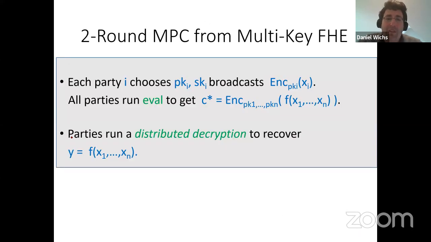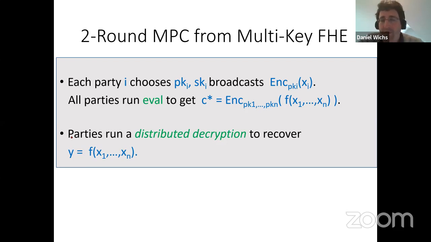With multi-key fully homomorphic encryption, you get an incredibly simple multi-party computation protocol that works in 2 rounds. Here, each party just chooses their own public key and secret key pair and broadcasts the encryption of its input under its own public key. This is just the first round: each party sends an encryption of its input.